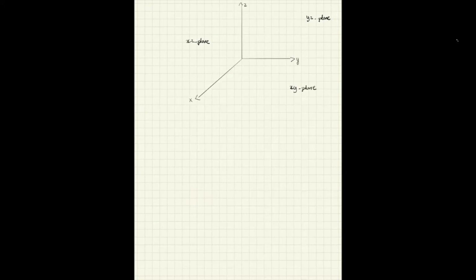So these are the coordinate planes. And then we'll have another one given by the equation 2x plus y plus z equals 4. We have to find a nice way to plot this thing. z equal to 4 minus 2x minus y, okay?